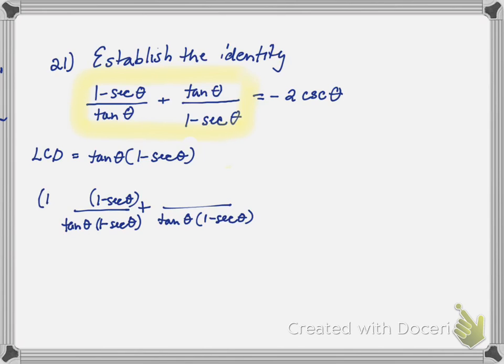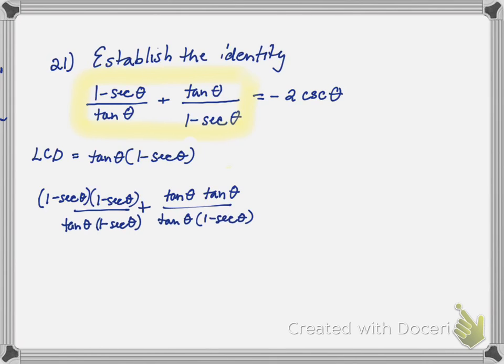So what you do to the denominator, you have to do to the numerator as well. So now I have 1 minus secant theta times 1 minus secant theta. In the second one, I had 1 minus secant theta in the denominator. I now have tangent theta times 1 minus secant theta, so I have to multiply the numerator by tangent theta as well. I had tangent theta before, and I'm multiplying it by tangent theta. So this is what I have right at this moment.